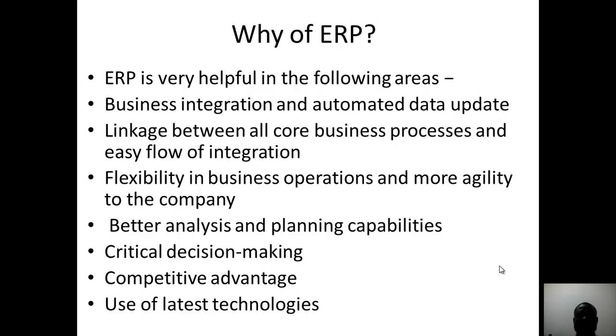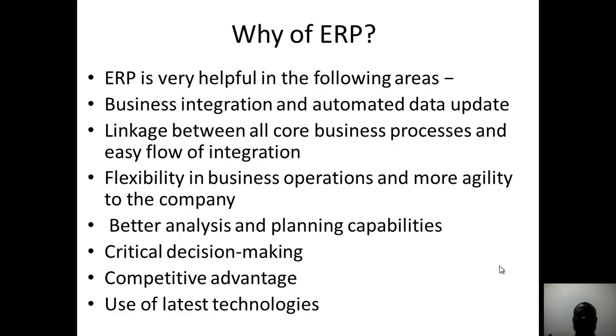It provides a linkage between all core business processes and easy flow of integration. It has flexibility in business operations and more agility. That is, it is quick to the company. It enables the company to do a very quick operation, turn itself to wherever it wants to.